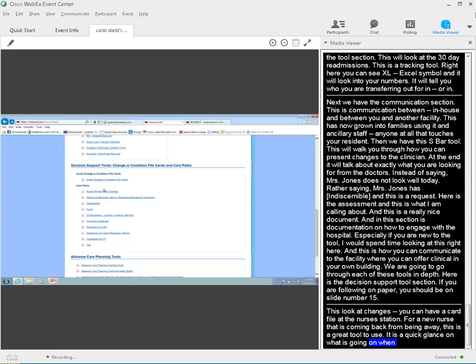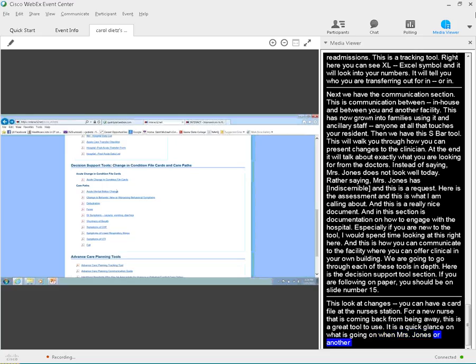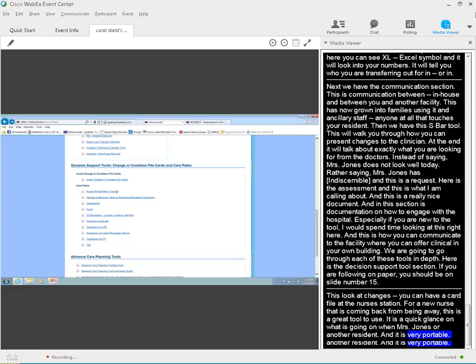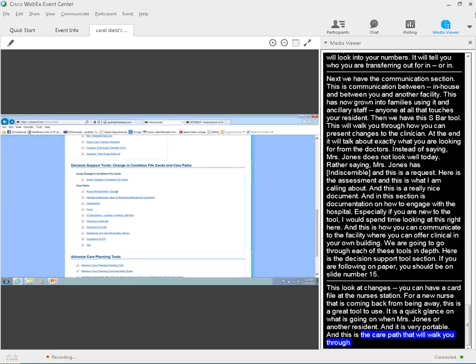We also have the Care Path that just walks you through each of these common diagnoses and how you should treat the person. There's a lot of yes or no questions, and then it guides you to what you should do next.